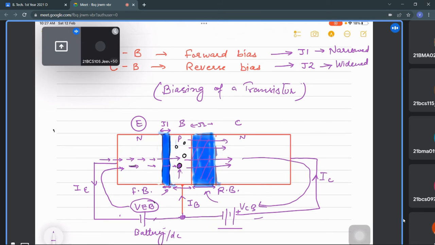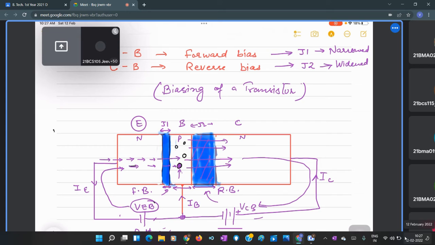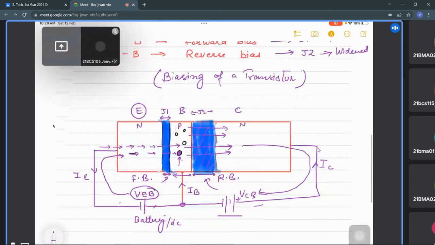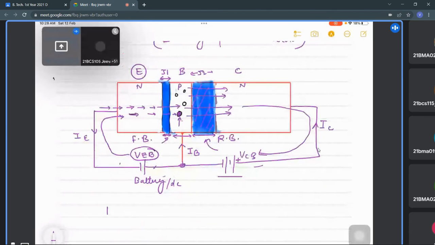Okay, so now see what happens. Suppose we are taking 100 electrons. The emitter has 100 electrons.